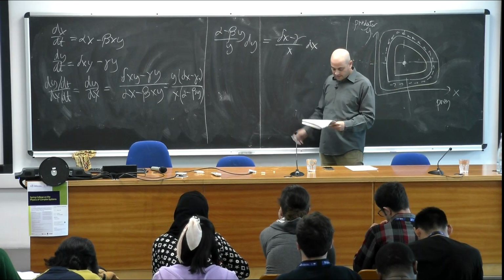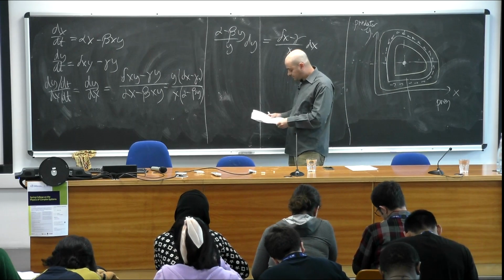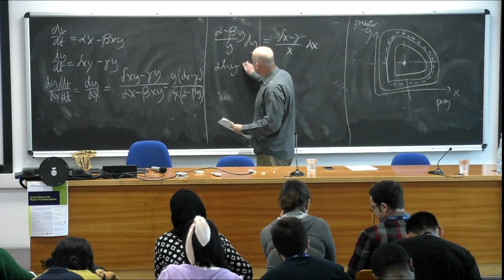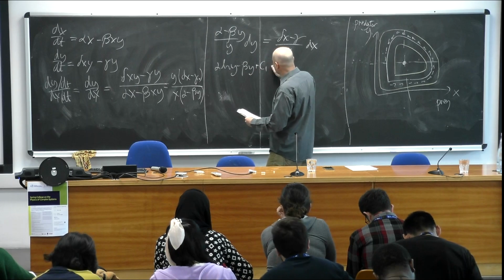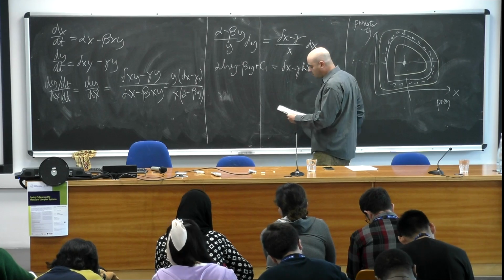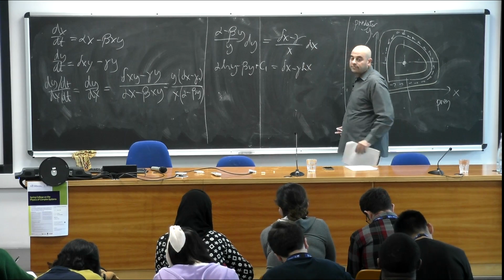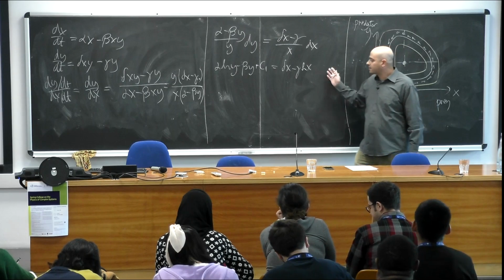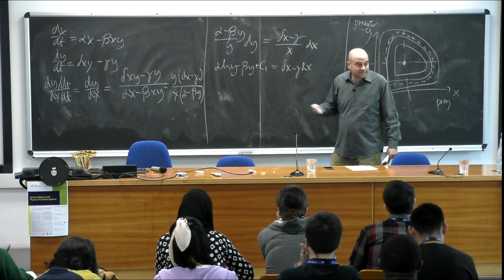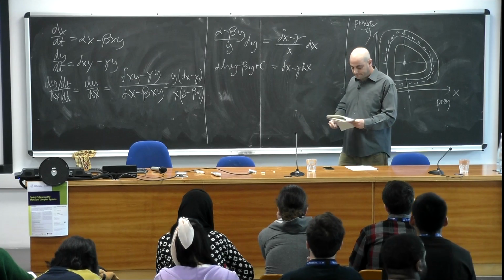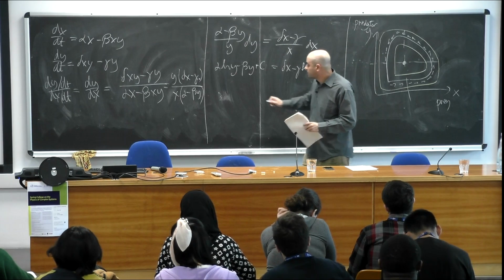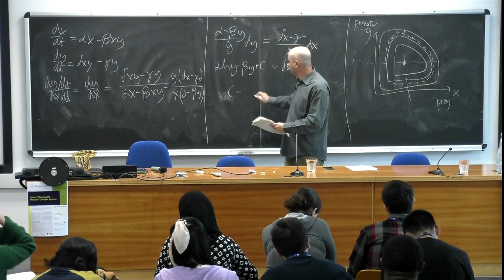All right, so if we integrate both sides, what we get is alpha log y minus beta y plus some c1 equals delta x minus gamma log x plus c2. But there is no sense in keeping two constants when we can suck all of C2 into C1, right, and just call it C. So this gives us this constant of motion of the system, right?